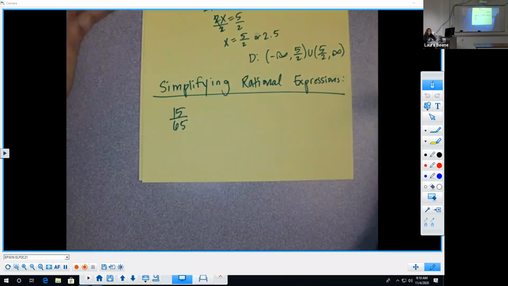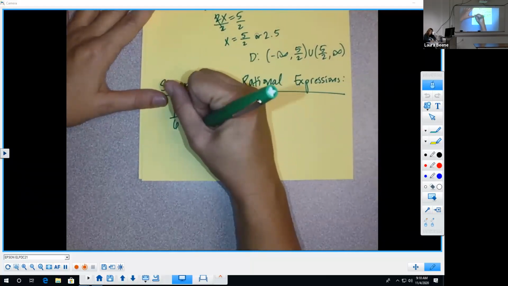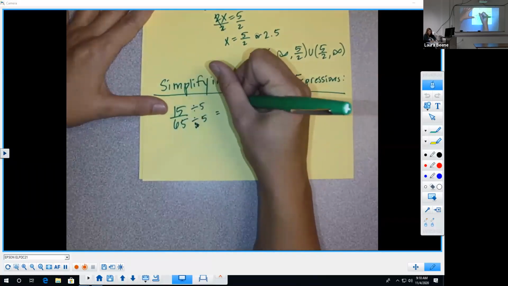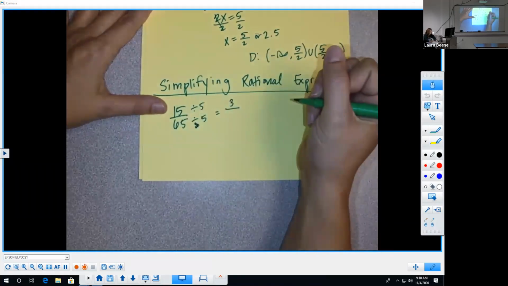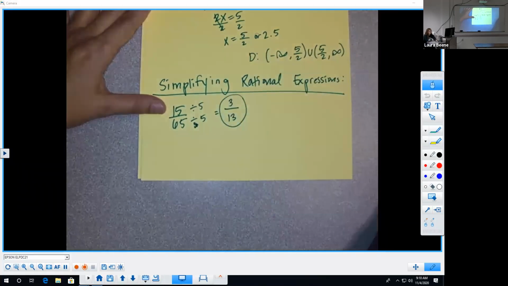Yeah, you can reduce it. Reduce and simplify mean the same thing. How do you reduce it? Divide by 5 on top and on bottom. 15 divided by 5 is 3. 65 divided by 5 is 13. So you would get 3 over 13.